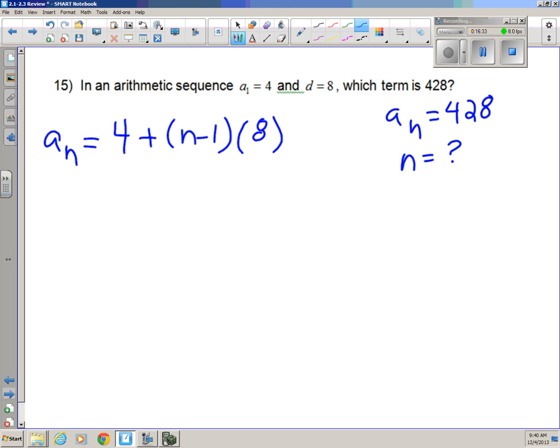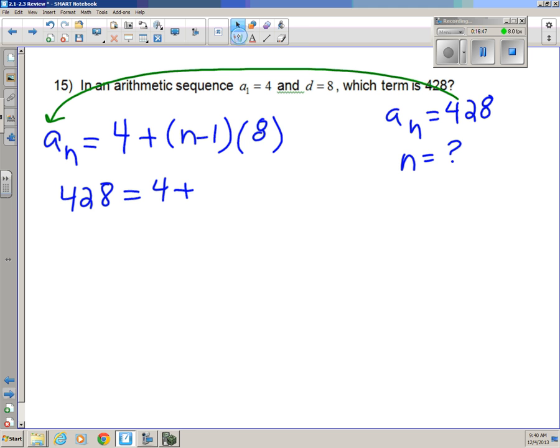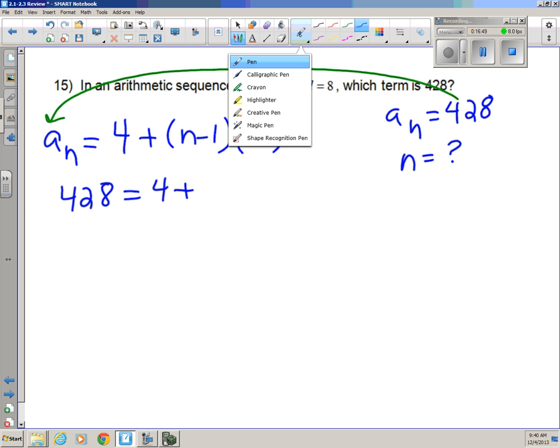All you can really plug in right now is this. That's the only thing that you can plug in. So you know that the value at a sub n is 428. 4 plus. Now I'm going to do some commutative property here, just because I think it makes it look a little bit nicer.